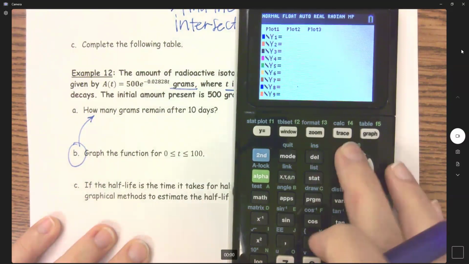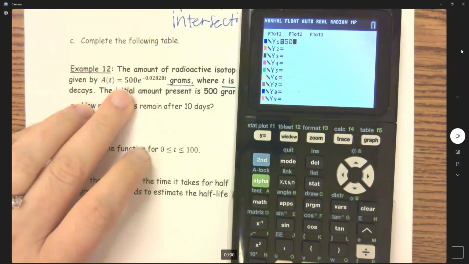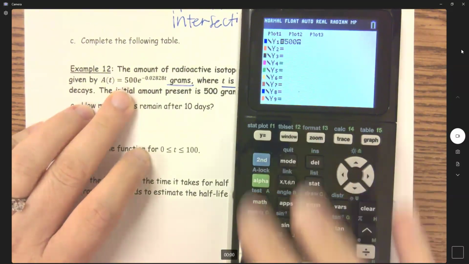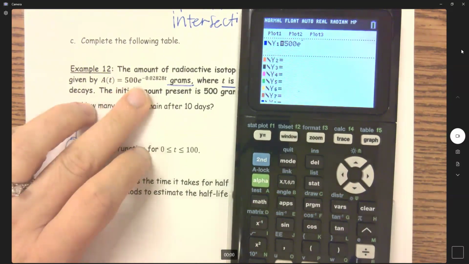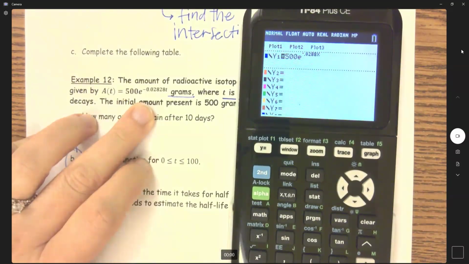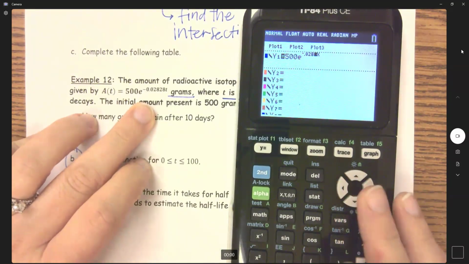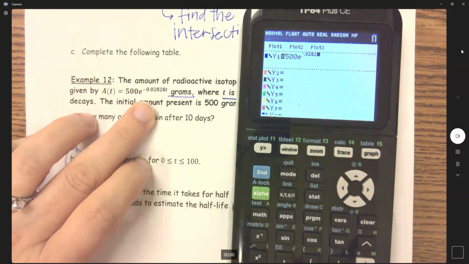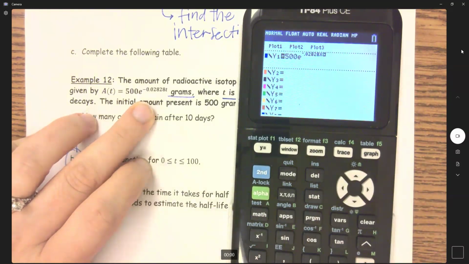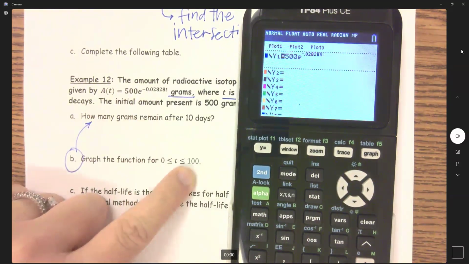So let's clear out everything and let's put in our function. Again, second ln. Instead of t, we're putting in x. Also helps if you type it in correctly. And we want 0 to 100 here.